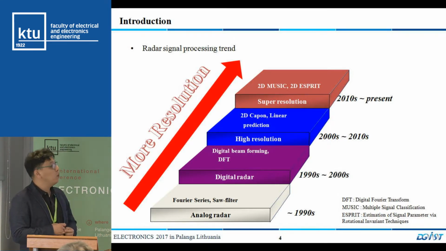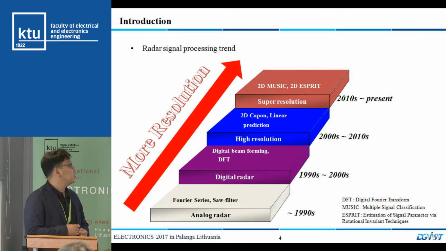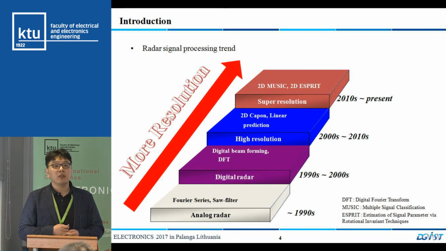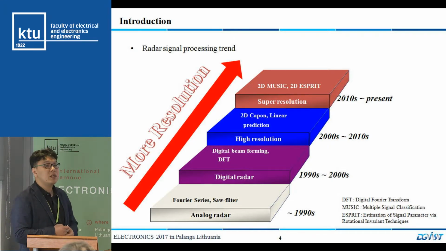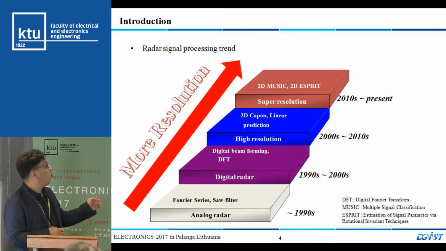These days, the MUSIC and ESPRIT algorithms are used for super resolution. MUSIC means multiple signal classification, and ESPRIT means estimation of signal parameters via rotational invariance techniques. This radar trend is toward more resolution.